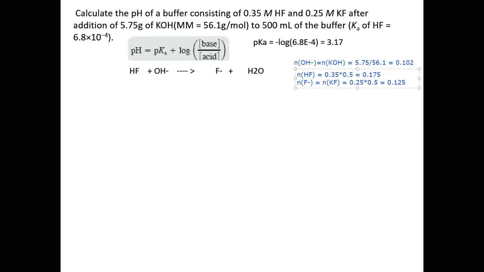So now we have the moles of strong base, weak acid, and weak base. We can do our ICE table. So initial, change, and end.